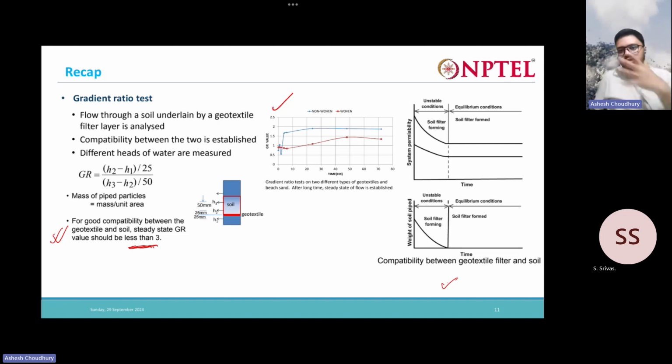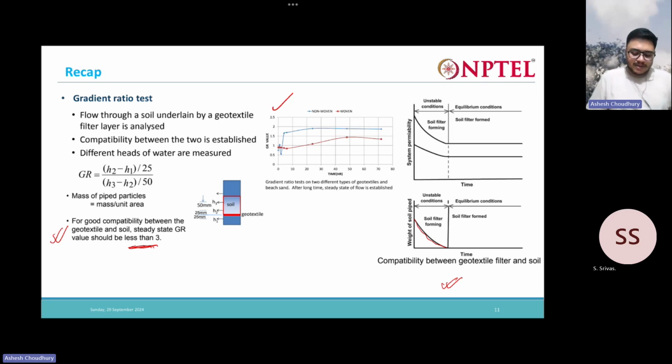As soon as the flow starts, a large amount of soil comes out through the pores. Initially it comes out, but as time goes by, the weight of piped soil particles coming out through the filter is reduced to zero. That means equilibrium has been established between the soil and the geotextile filter that you used, which is good.